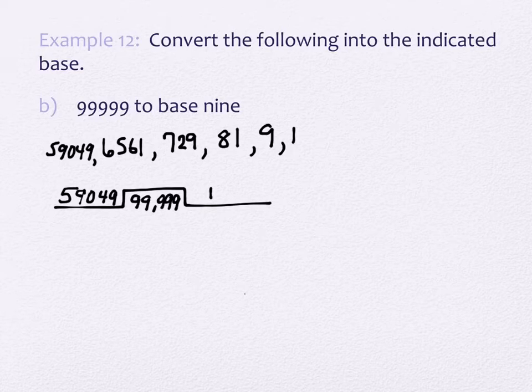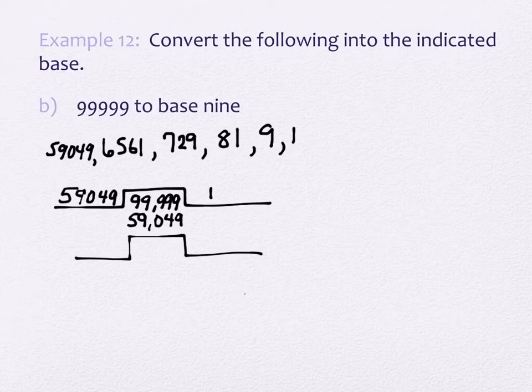It goes in one time. So 59,049. What do you get if you subtract those? 40,950.